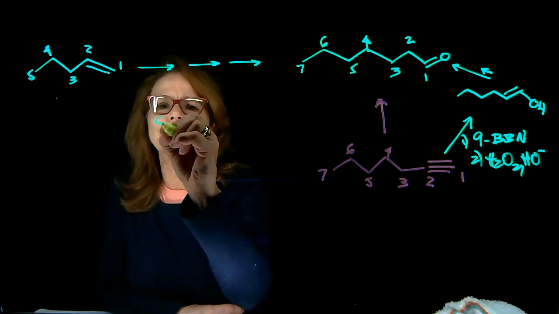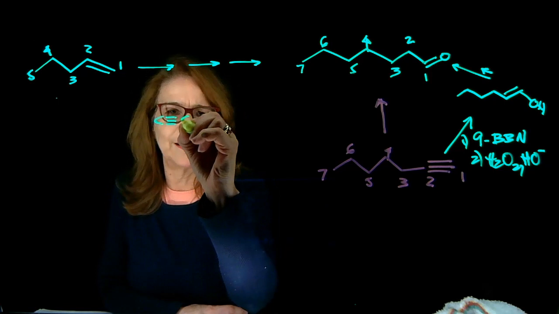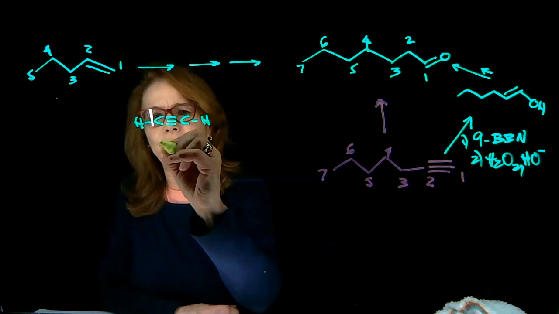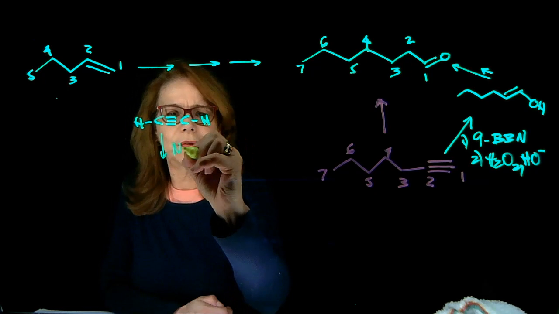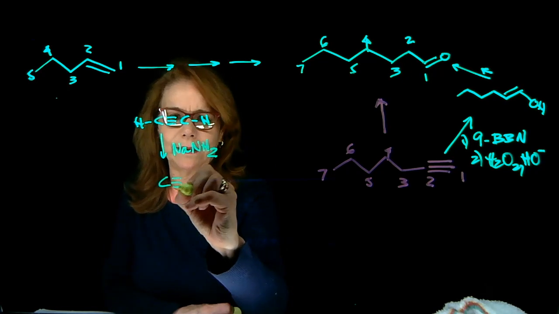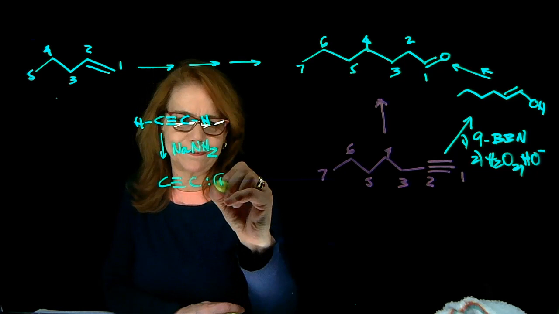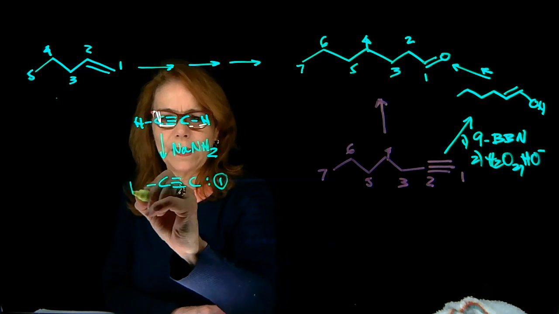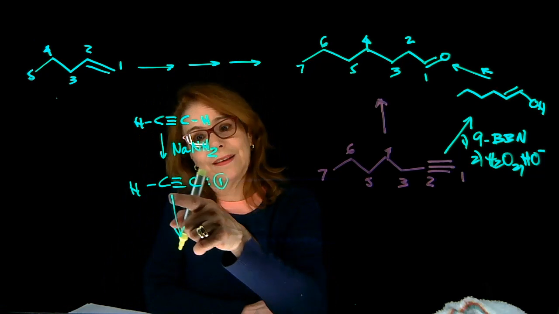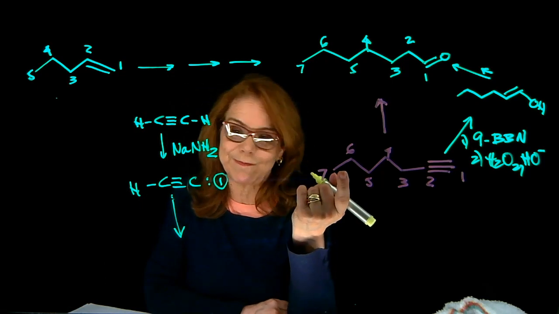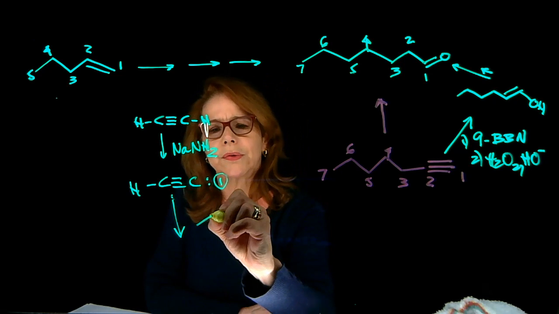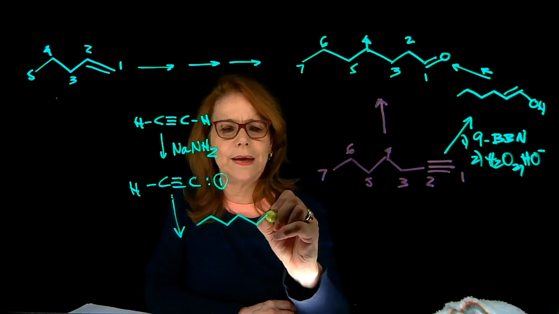If I had this alkyne and add sodium amide, I know that I will make the following anion. And I could make this react with something that has 5 carbons in an SN2 type of reaction. So 1, 2, 3, 4, and 5.